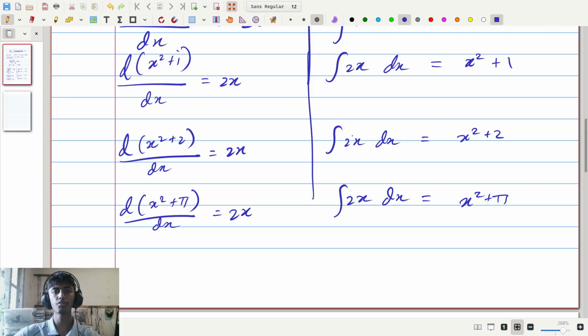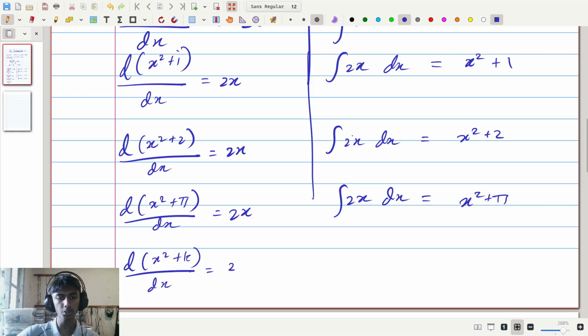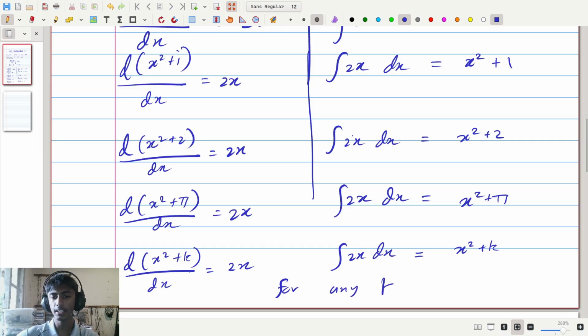In fact, for any constant k, the derivative of x squared plus k with respect to x is equal to 2x, and therefore the integral of 2x with respect to x is equal to x squared plus k for any k an element of the real numbers.